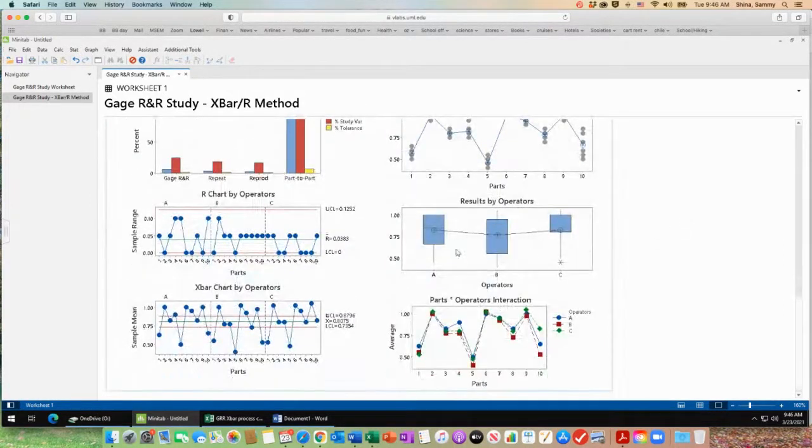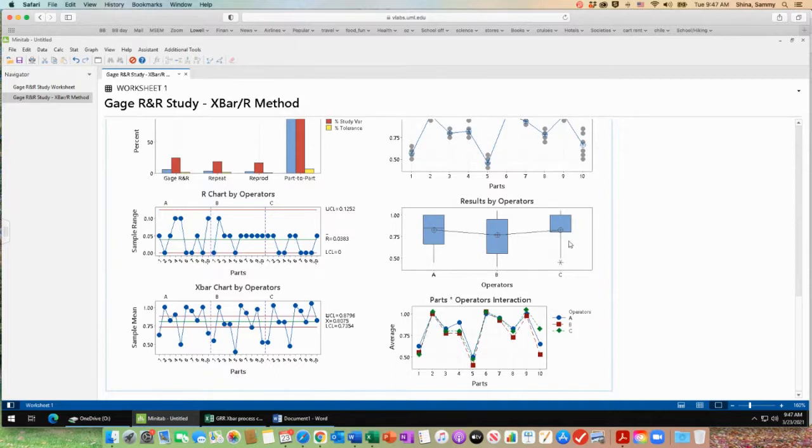Now, this is very interesting. This is a box plot of the 3 operators. Now, the box plot, the way it measures is it gives you the maximum and the minimum for each operator, and then it gives you a box, and the box is the 25th percentile, the 50th percentile, and 75th percentile. So what it does, it tries to show you a measure of the normality of the operator.